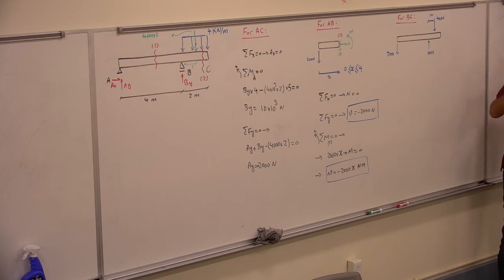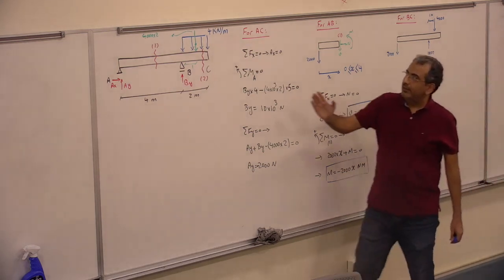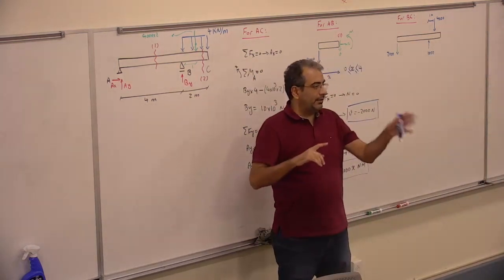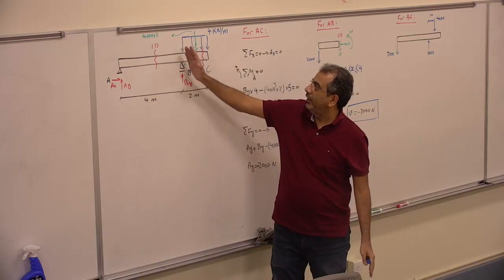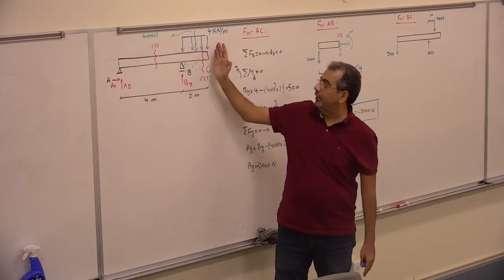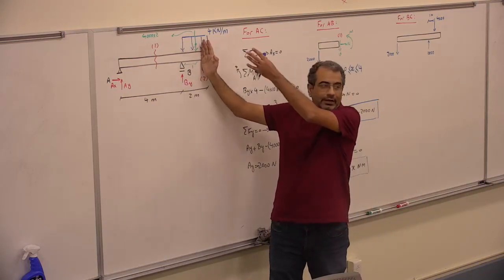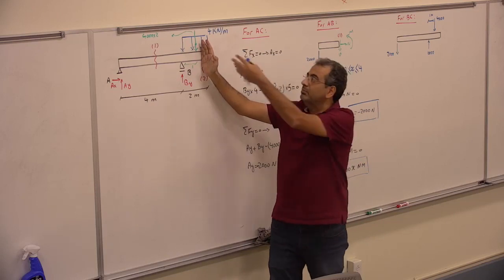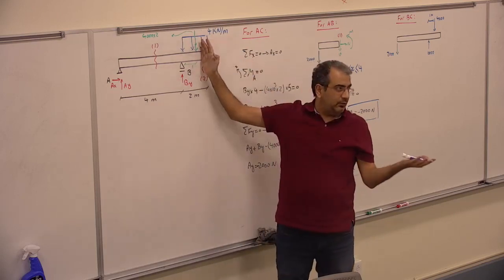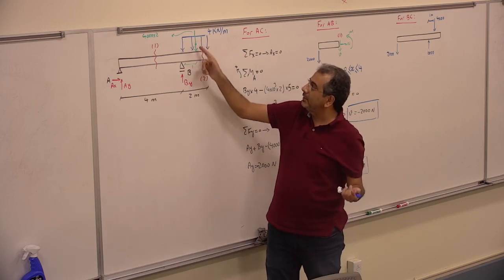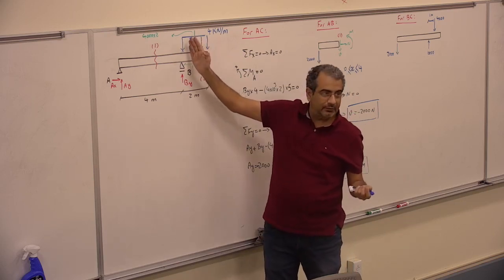Remember, I told you last time, anytime that we have a distributed load, don't touch the load until you cut it. The reason is that what you say would be correct if I consider the entire thing, but there's a part that is not considered there, so it's going to be smaller than 4,000, correct? And because it's smaller, it's not going to be there, it's going to be shifted a little bit further to the left.